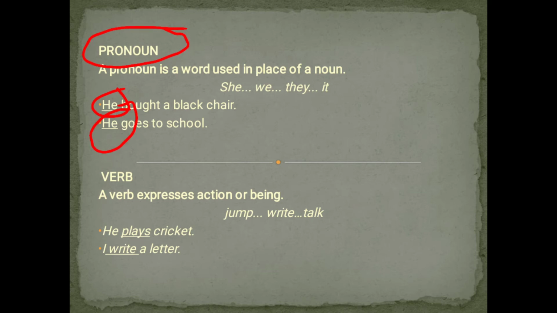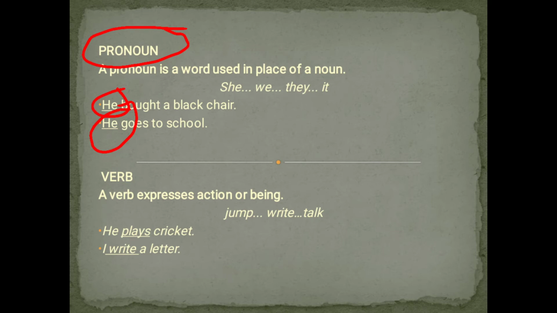Alright, then we have verb. A verb is a word that shows an action or being. For example, if I say he is jumping, riding, talking, walking, or reading, these are verbs that show an action or being.